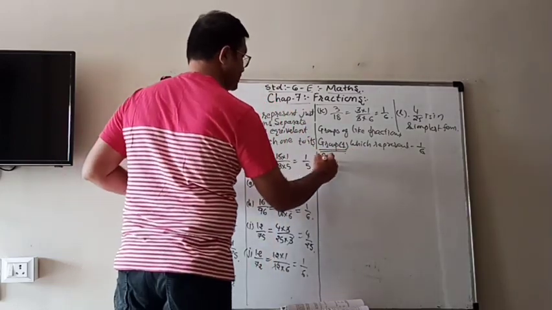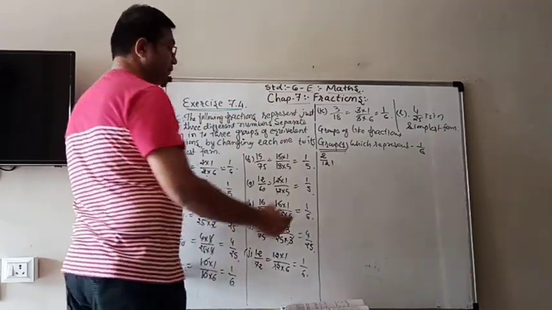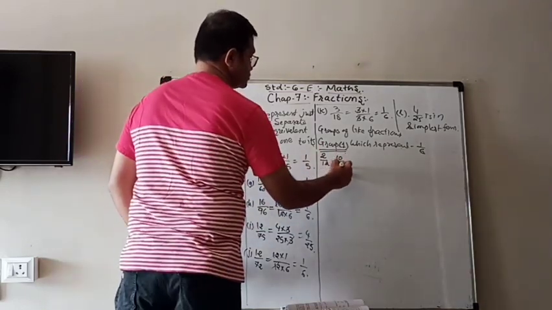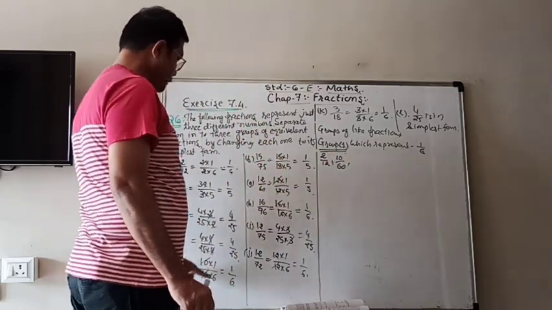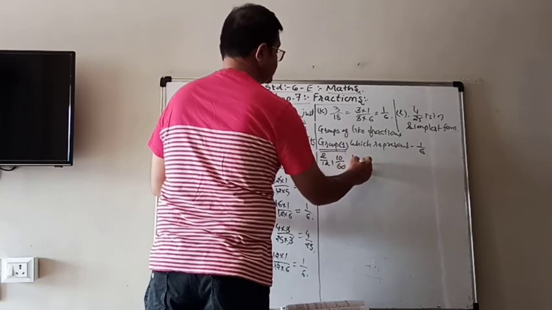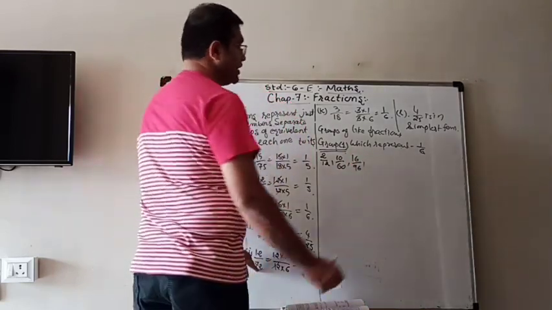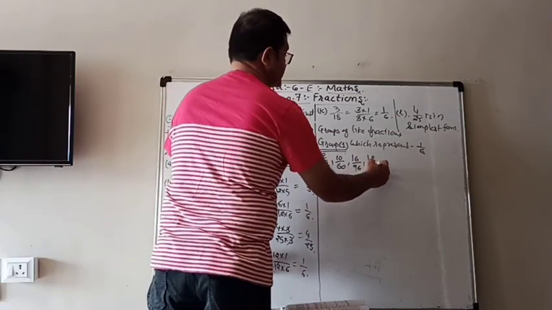So 2 upon 12. Which other has 1 by 6? 10 upon 60. Any other one with 1 by 6? That is 16 upon 96. And the last one here, 12 upon 72.